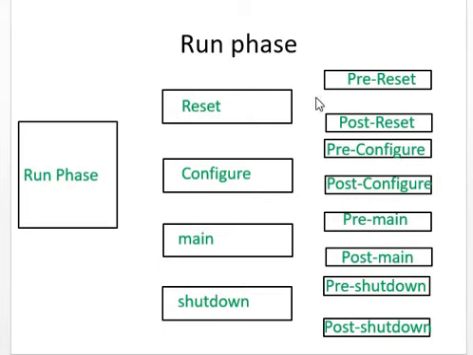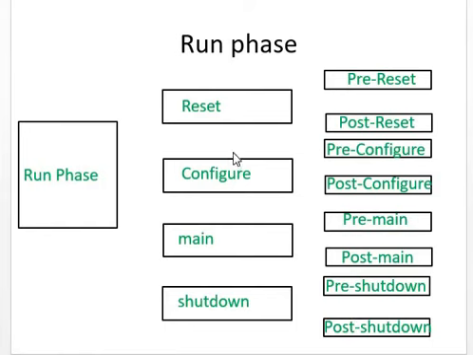For reset we have pre-reset, reset, post-reset. For configure, similarly we have pre-configure, configure, post-configure. Main is similarly subdivided into pre-main, main and post-main. Shutdown also has pre-shutdown, shutdown and post-shutdown. So these are divided into 12 sub-phases.